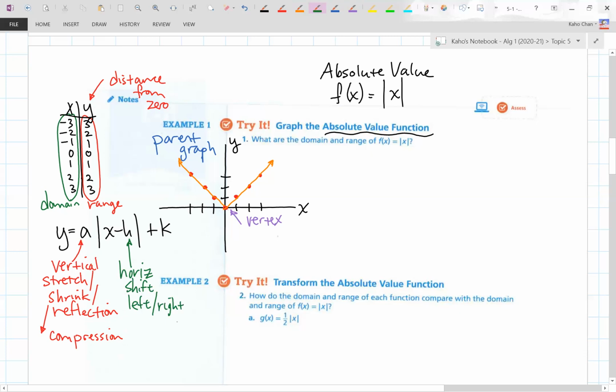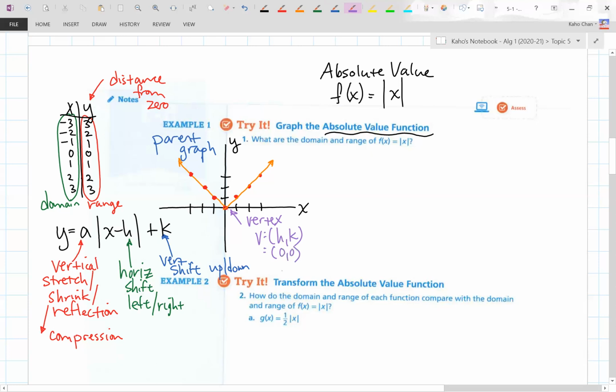K on the outside of the function is your vertical shift up and down. And the vertex itself, relative to this vertex form, is (h, k). And in this case, it's (0, 0), because that's where the parent starts.